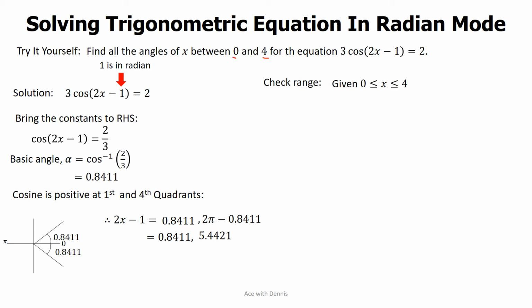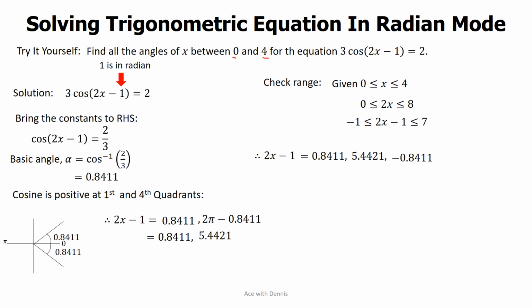Okay, now we check the range. Given that the range for x is 0 to 4, the range for 2x will be 0 to 8. The range for 2x minus 1 will be negative 1 to 7. Therefore, 2x minus 1 equals 0.8411, 5.4421.